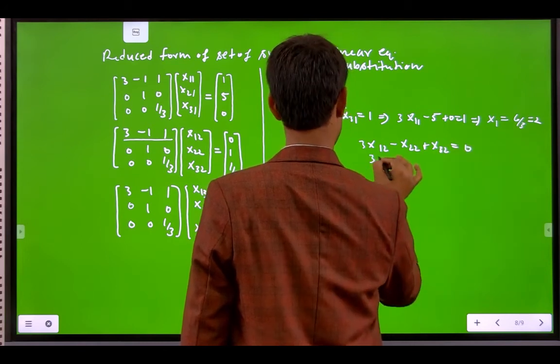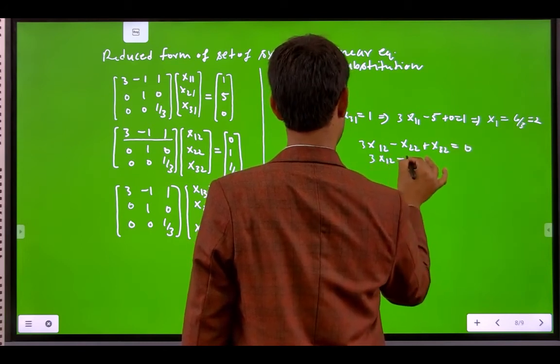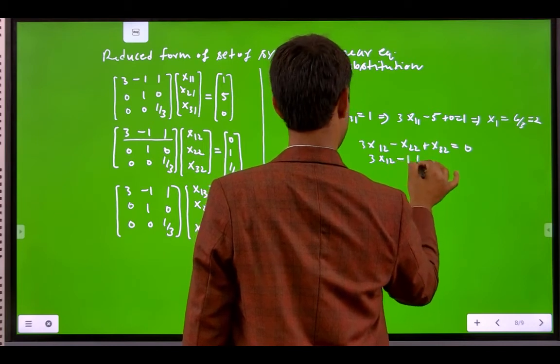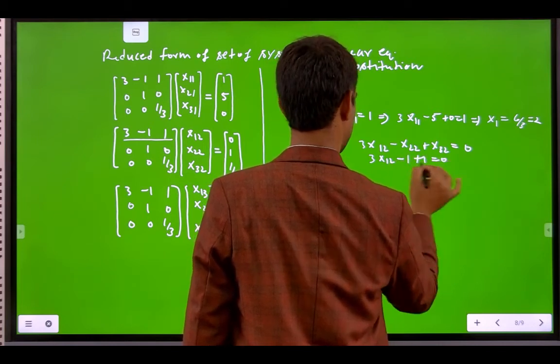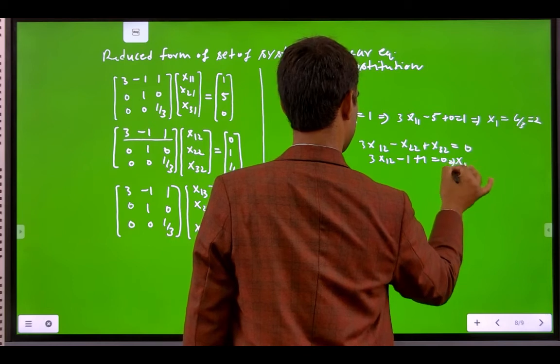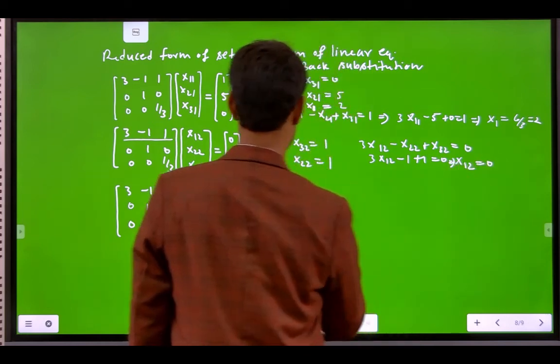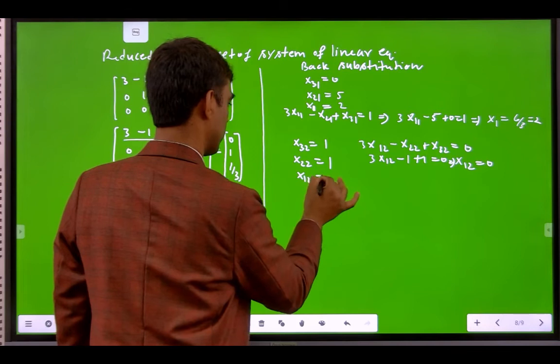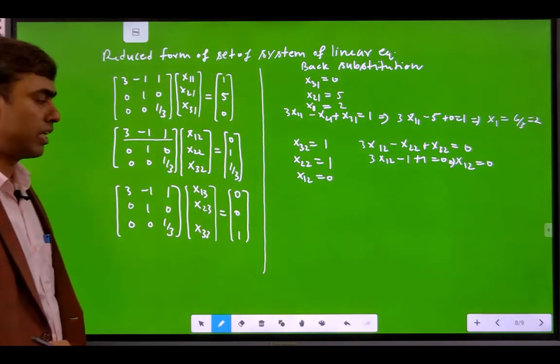So 3x12 minus 1 plus 1, so this becomes 0. So x12 becomes 0. This implies that x12 equals 0.